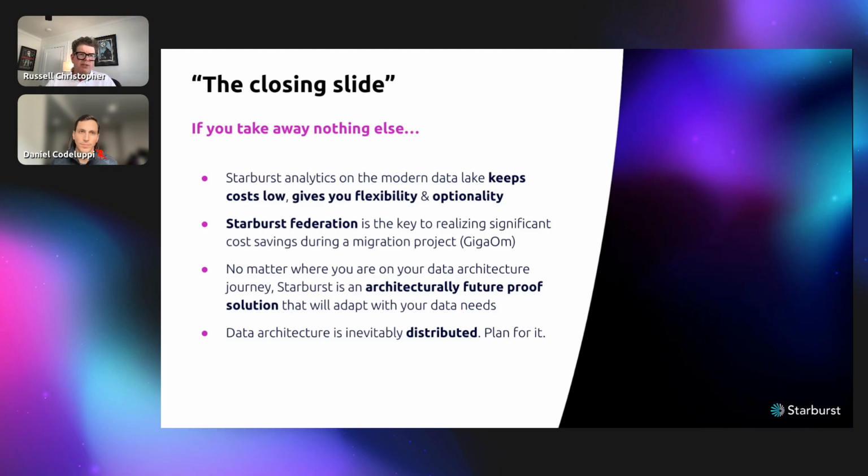That is where we really shine, because we give you federation. The federation allows you to choose, if we're thinking about a TCO type question, whether or not you want to migrate everything or pieces or less of that. Finally, because we focus on optionality and flexibility, we really do future-proof your data architectures.